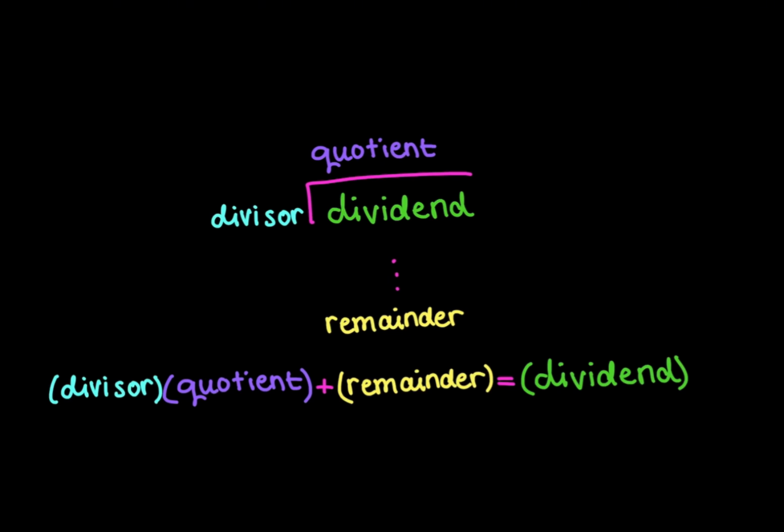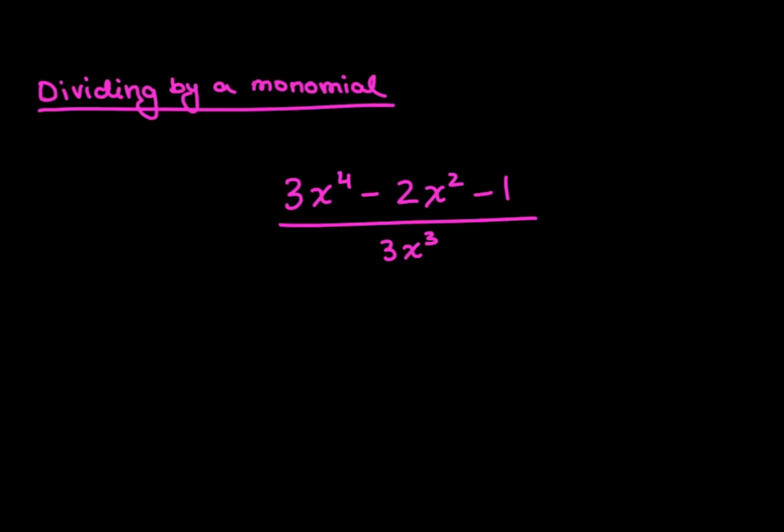But essentially, if you understand what all of these components are, the only thing that you should be worried about now is the algebra. The first example we're going to look at is dividing a polynomial by a monomial, or dividing it by one term. In this case, we don't really have to do a full long division because I'm dividing just by one term.